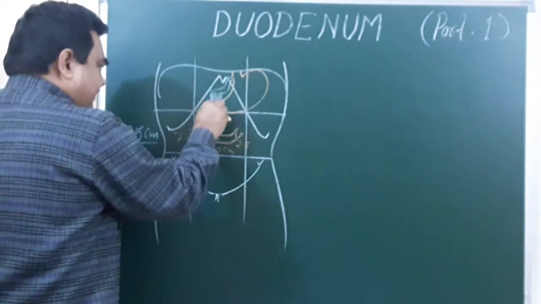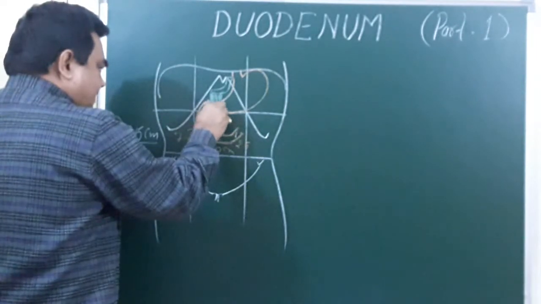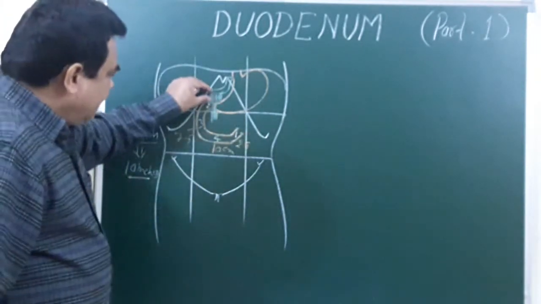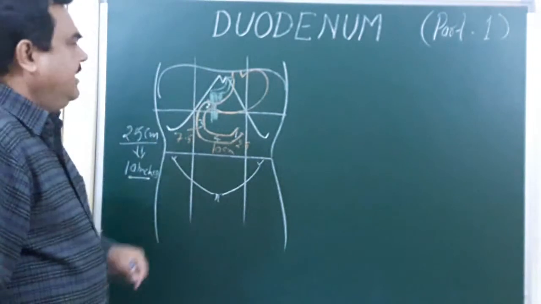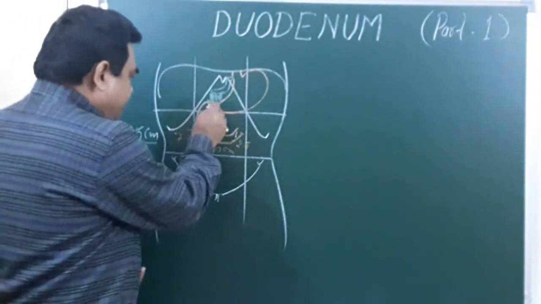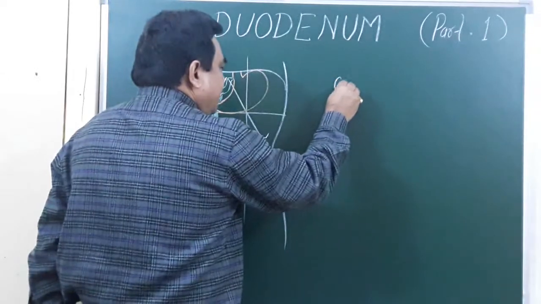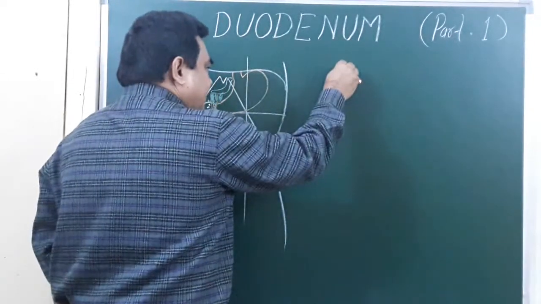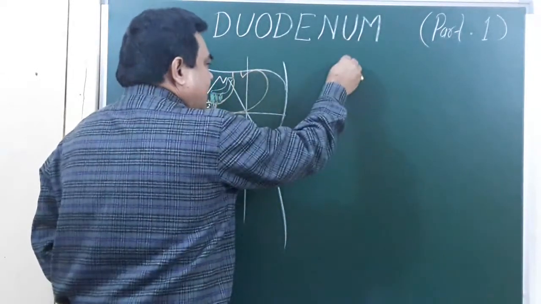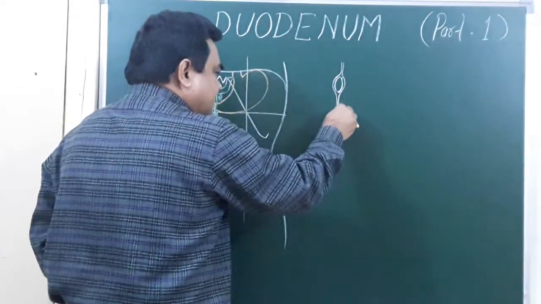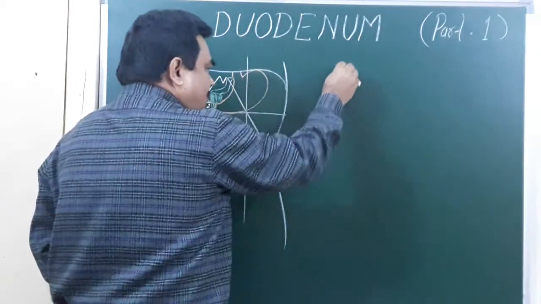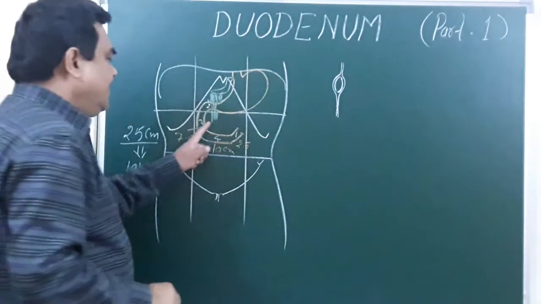And here, this is the lesser omentum, this is the greater omentum. If you see the medial half of the first part, it is covered by peritoneum on both surfaces. This is the lesser omentum, this is the greater omentum.